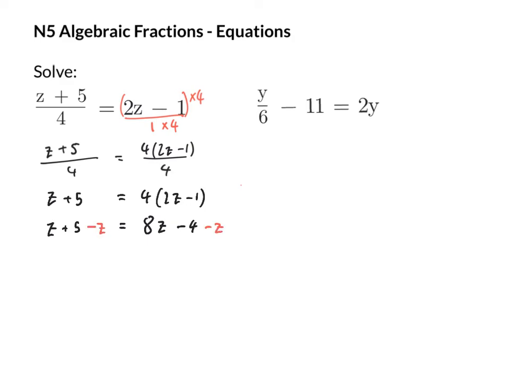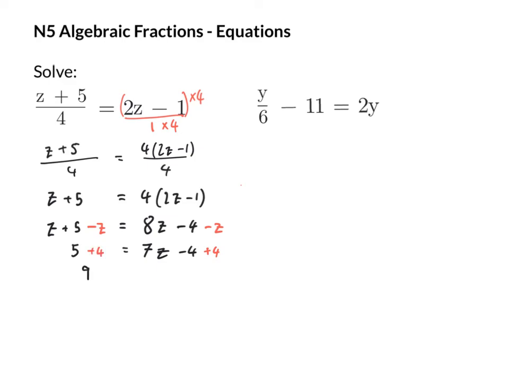On the left-hand side, that will just leave me with a positive 5, because the z, negative z, they're a zero pair. 8z minus a single z will give me 7z, and it doesn't affect the minus 4. To get rid of that minus 4, I can add 4 to each side of my equation.